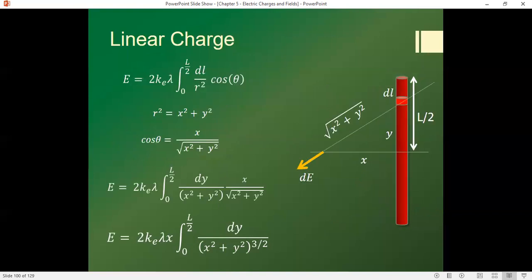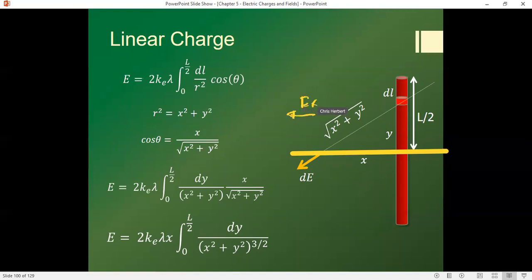So now I'm going to say, all right, let's make some assumptions first of all. Let's first of all break this rod into equal parts. I'm going to cut it right in half right here. And I'm going to restrict my electric field to only looking at the electric field component which is in the x direction.